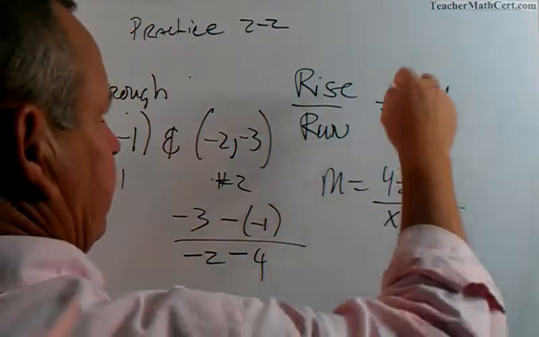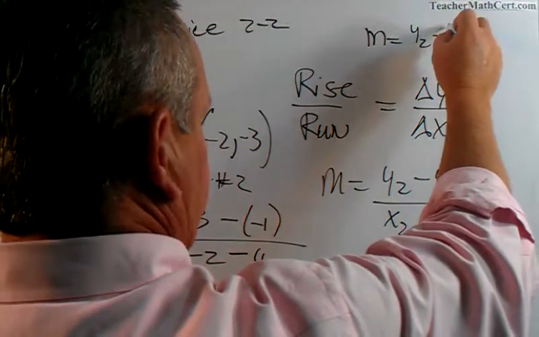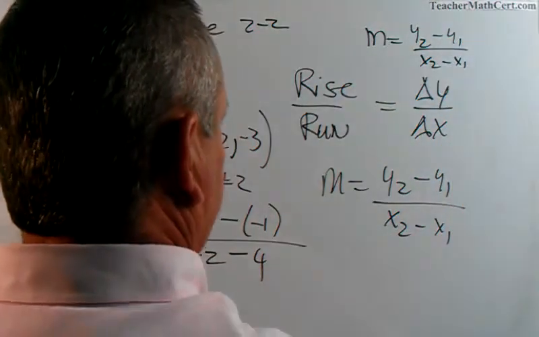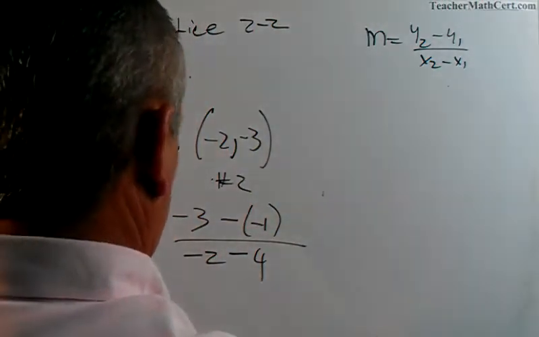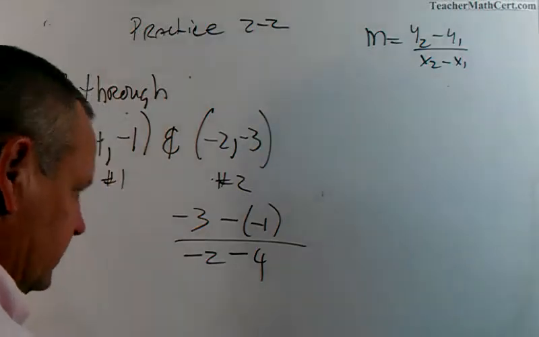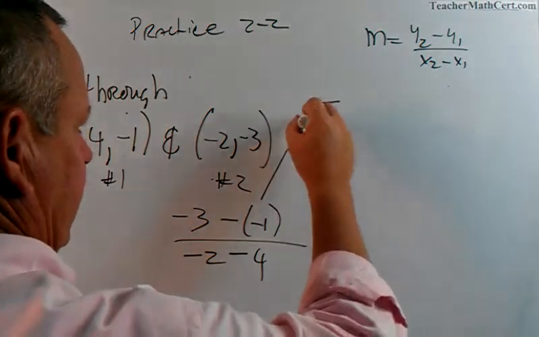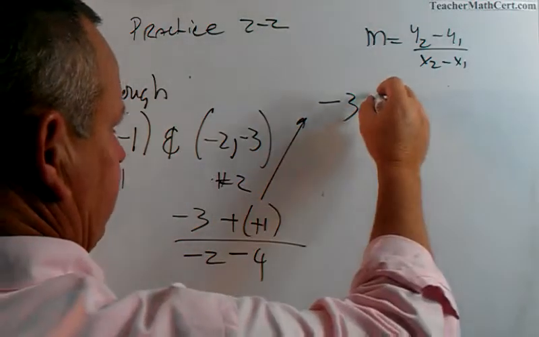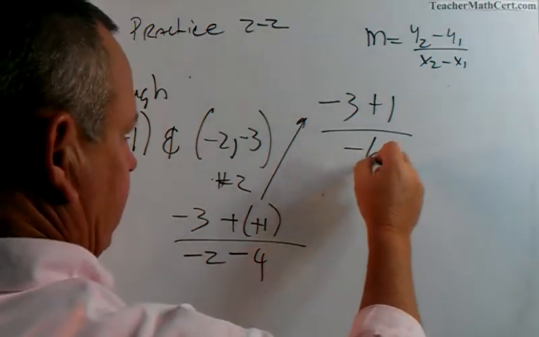Let me rewrite this slope up here. This equation, m equals y sub 2 minus y sub 1 divided by x sub 2 minus x sub 1. Okay, got some room to work here. So we got negative 3, minus a minus, that goes to positive, plus 1. Minus 2 minus 4 is going to give us minus 6.